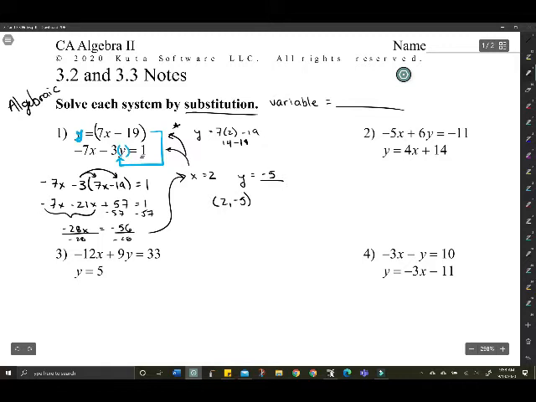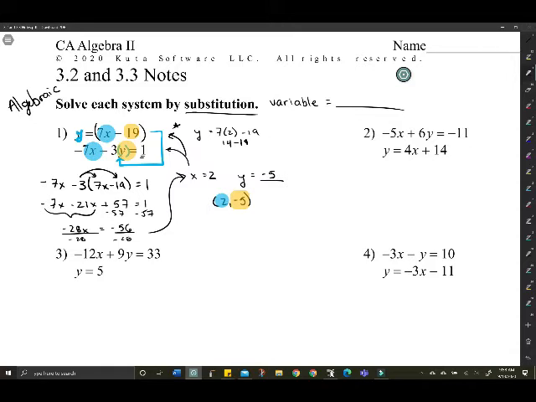Now, if you want to know how to check your answers, you can always substitute your variables with your solutions. If you plug them in for x and y in each equation, it has to work for them both. So an easy way to check your work is to substitute back.